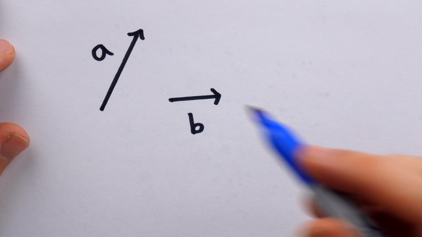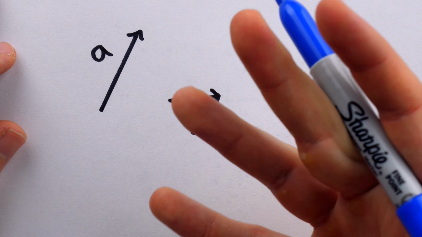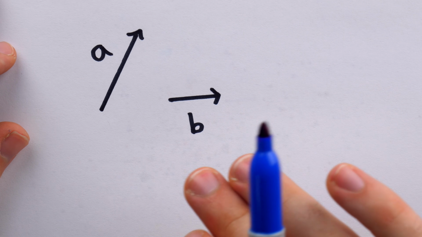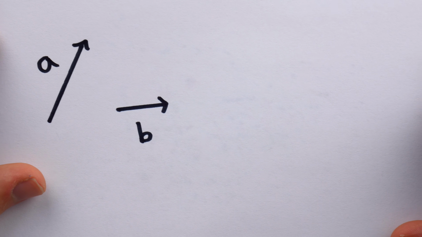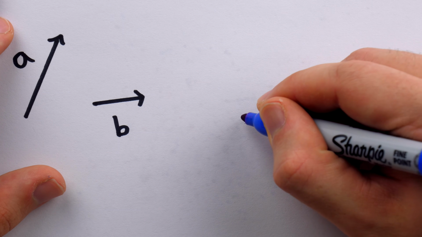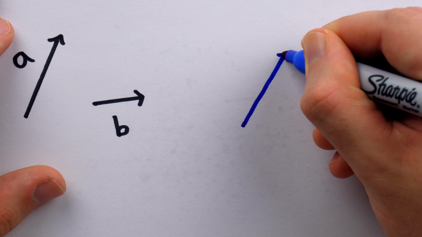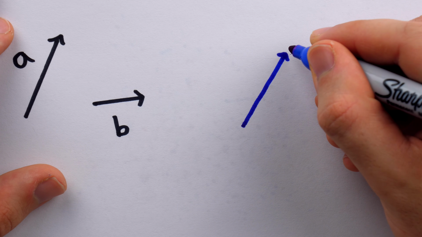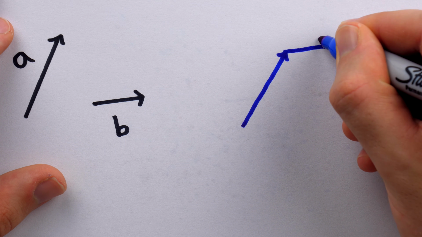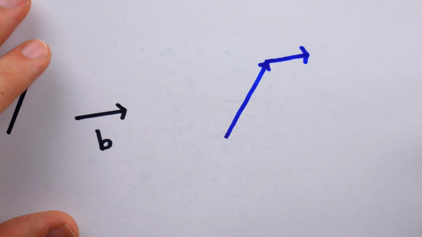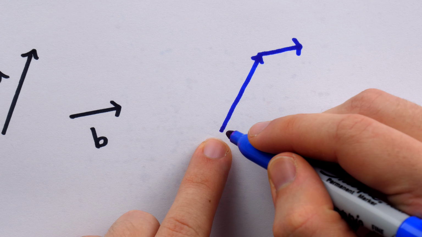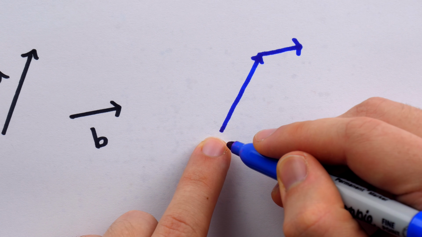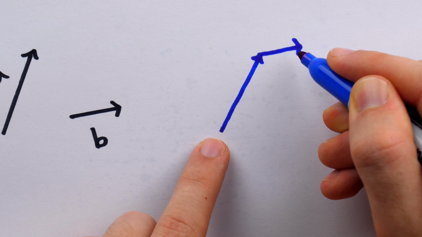We can basically think of adding the vectors together as describing a sort of net total motion. So what it means to add them together is to take one of them, let's say A, and connect it to the beginning of the other one. So here's A touching the tail of B, and then draw the vector from the initial point of the first vector to the terminal point of the second vector.